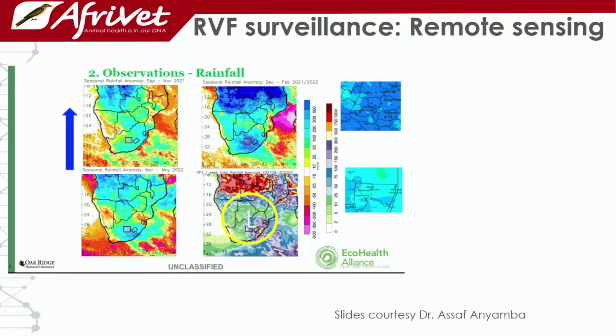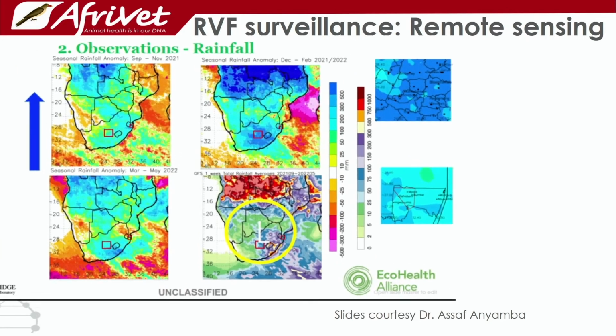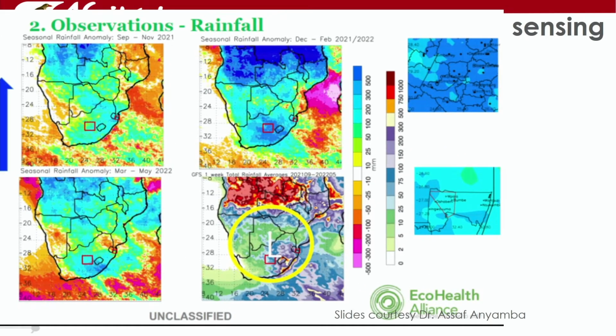The second strategy is what I spoke about, remote sensing, which is climatic data, which is diffused to all countries in the world through the FAO. They'll give you information on rainfall on a regular basis. These are fairly recent, from when in South Africa there was a fear that we may have an outbreak.